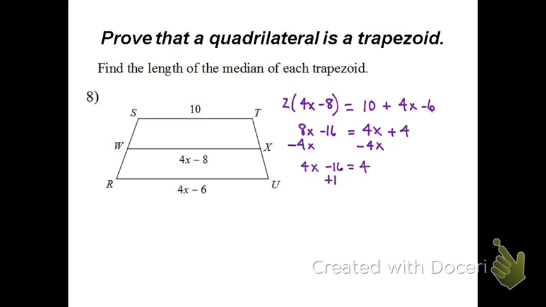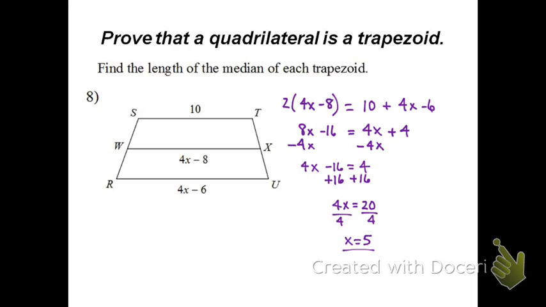So then we can add 16 to both sides, and we get 4x equals 20. So we find out that this problem is going to be x equals 5, at least for the first part.